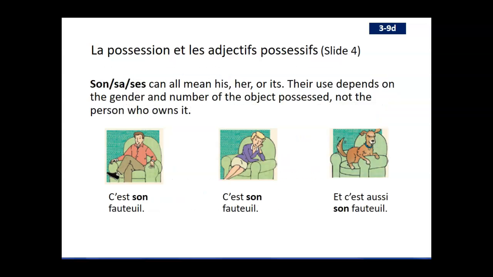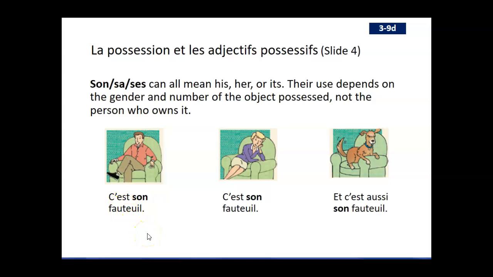Okay, and finally we have son, sa, ses, which can all mean his, her, or its. It just really depends on the context. Their use depends on the gender and number of the object possessed, not the person who owns it. That's very important to remember with these. So, c'est son fauteuil. Oh, it is his chair. So, son is the masculine form, but this has nothing to do with him, the man in the picture. It has to do with the chair.